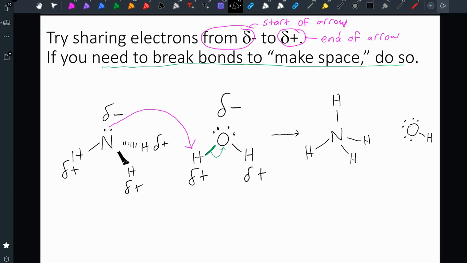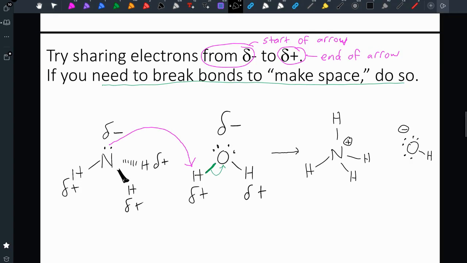Hopefully you're skilled enough with formal charges that you can quickly recognize that my nitrogen now is going to have a positive formal charge. My oxygen is going to have a negative formal charge. So that is one potential reaction that could happen between these two: sharing from negative to positive, breaking a bond to make space.